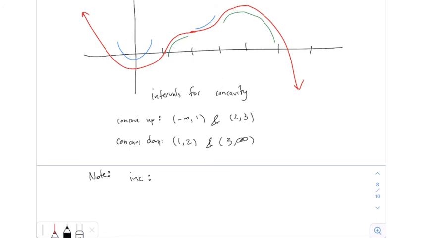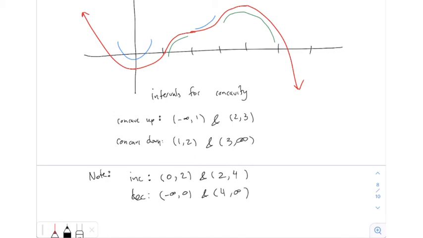I tried to draw this so that the slope is 0 at this point. So technically it's increasing from 0 to 2 and 2 to 4, right? That's this region and this region. It's increasing, that is going up from left to right. And then it's decreasing over here, minus infinity to 0, and also 4 to infinity.